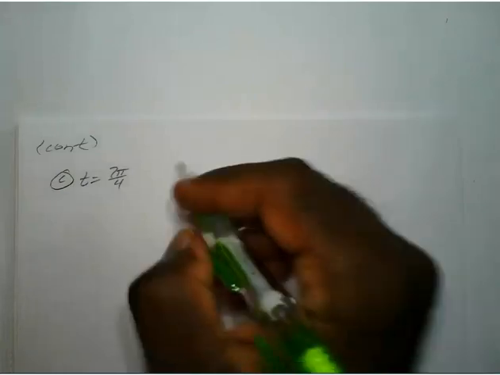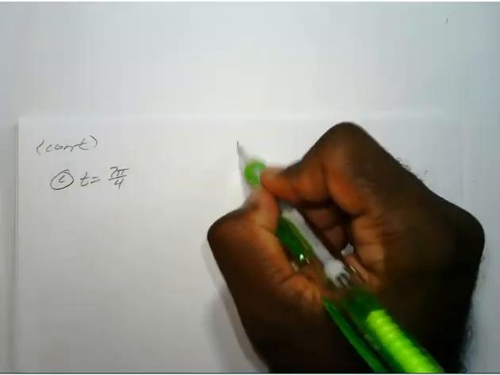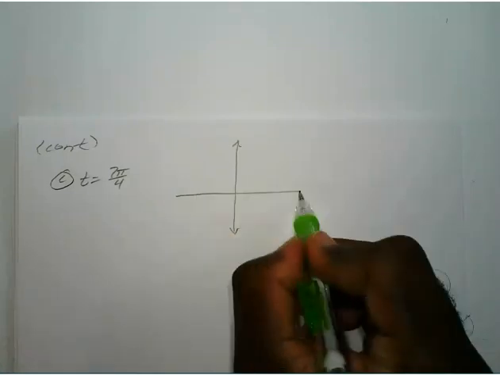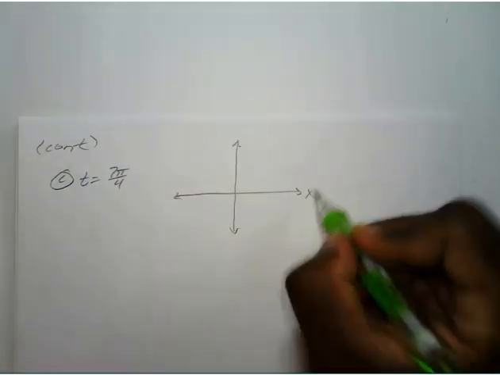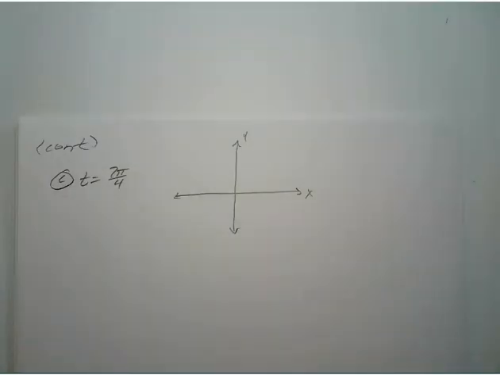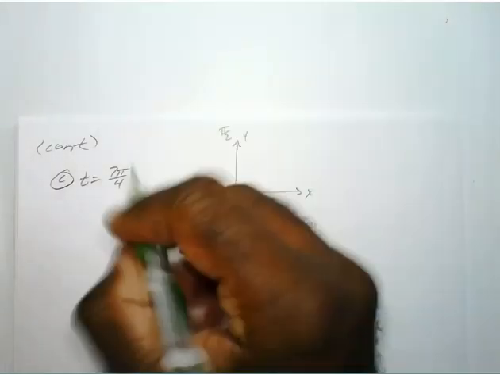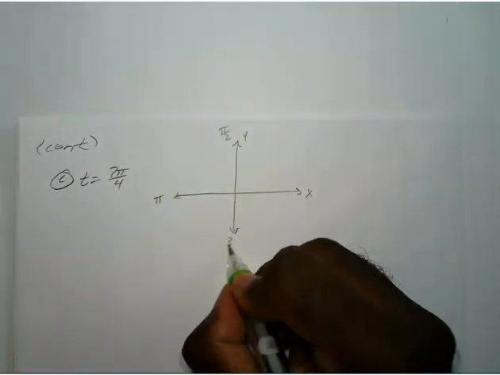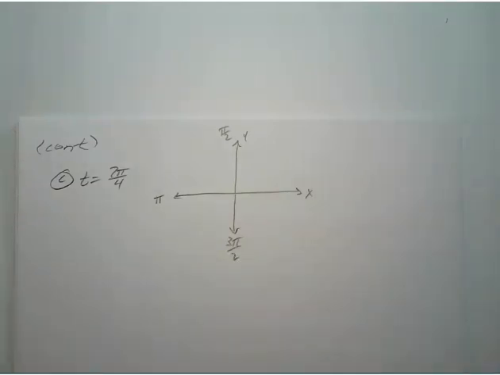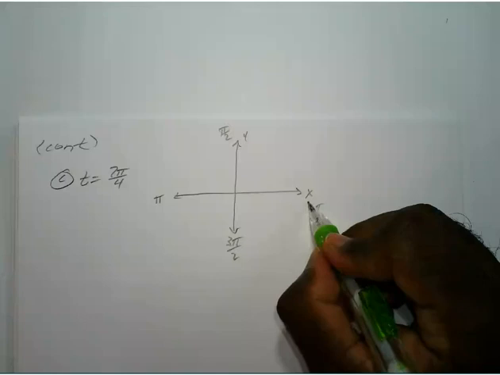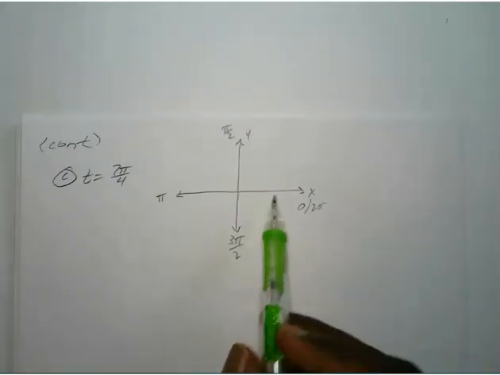Okay, so again, just for visuals, go ahead and draw our graph here. Remember, up here you have 1 pi over 2, 2 pi over 2, 3 pi over 2, and 4 pi over 2, which is 2 pi. And starting off, it's 0, so 1 full circle is 2 pi.